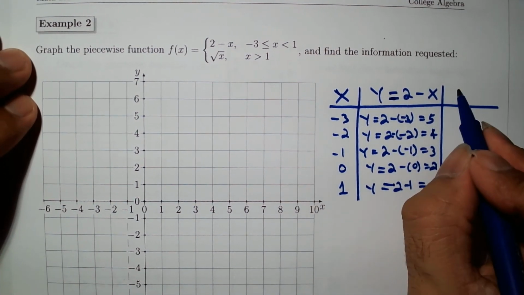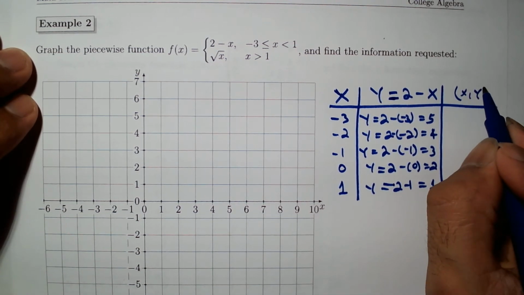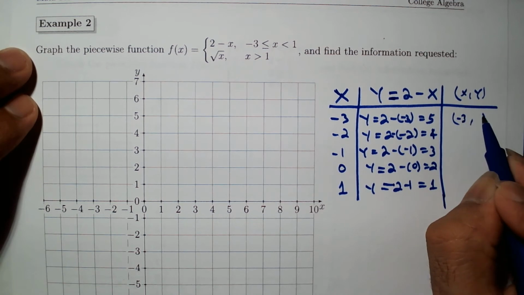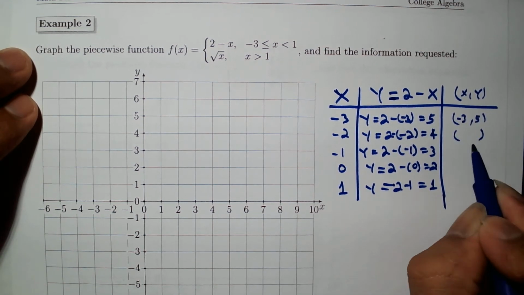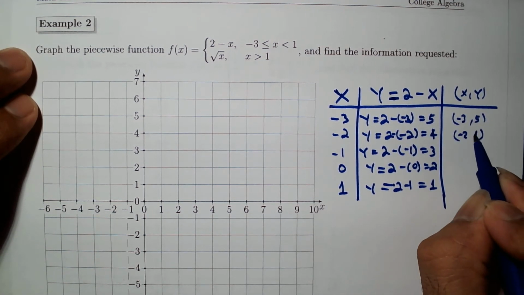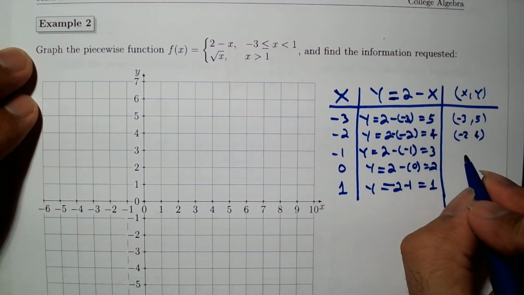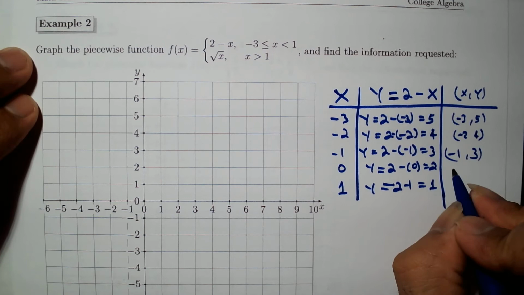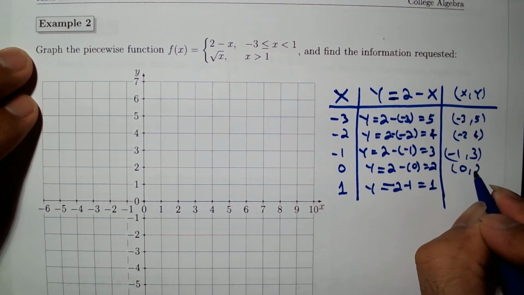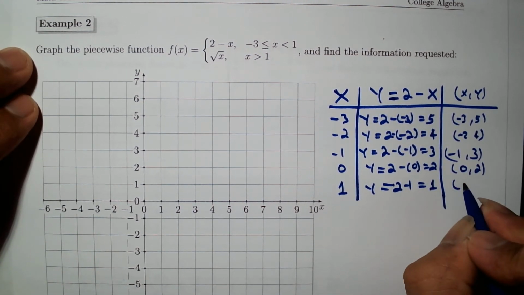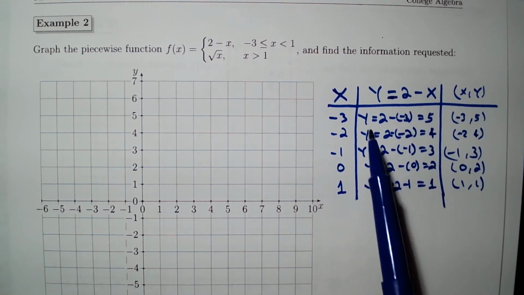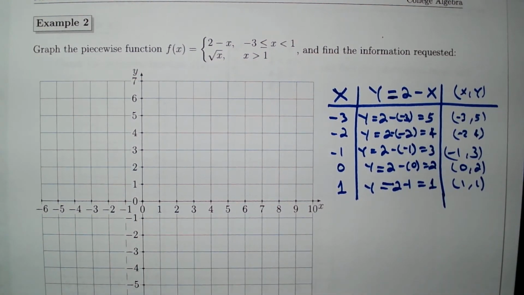So the corresponding ordered pairs here are -3, 5; -2, 4; -1, 3; 0, 2; and 1, 1. Now we need to be careful about the endpoints here.